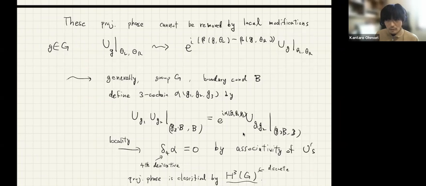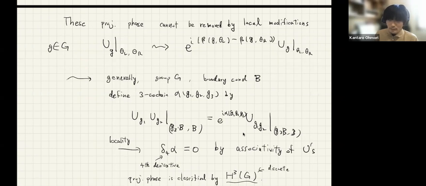Thank you. To be precise, this story is for bosonic theories, that is, theories without fermions. For theories with fermions, the cohomology itself also has to change to take into account the spin structure of the manifold.